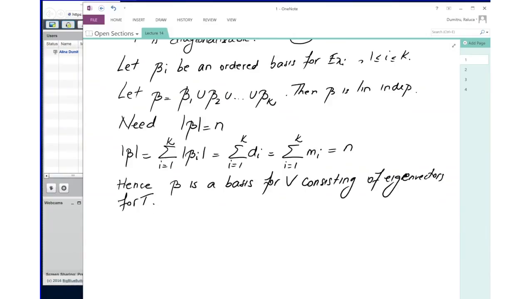So in conclusion, beta is a basis consisting of eigenvectors, and that makes T diagonalizable. And we're done.